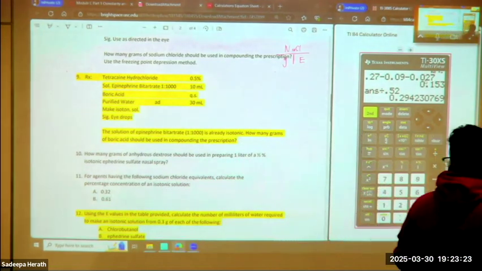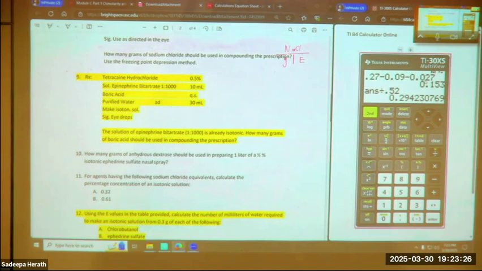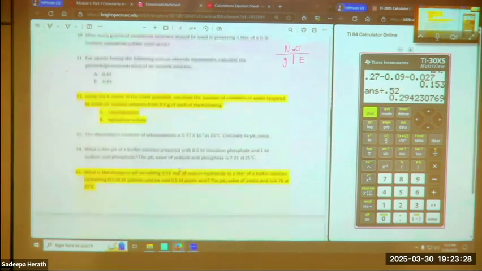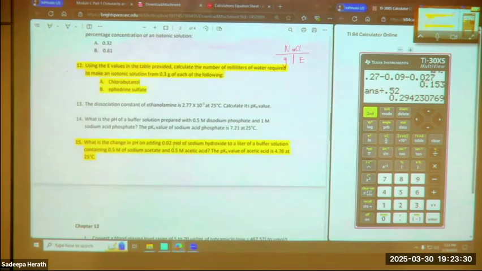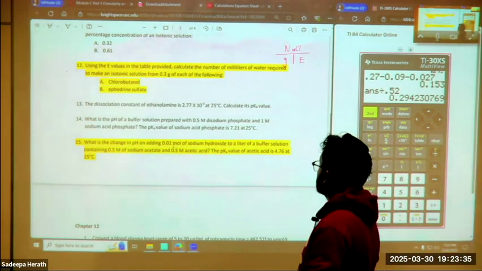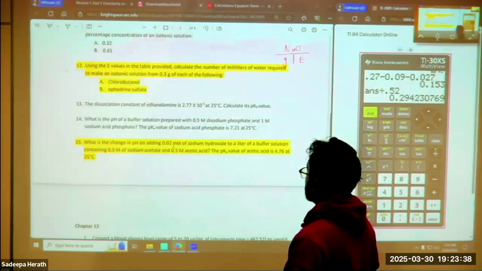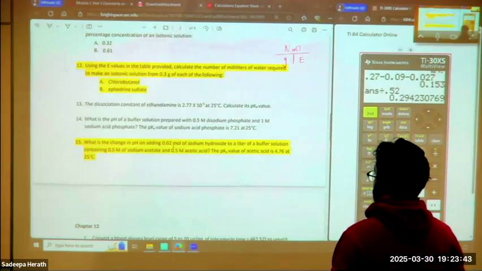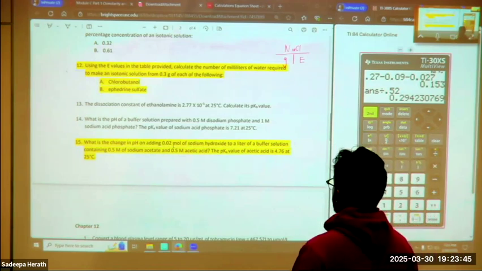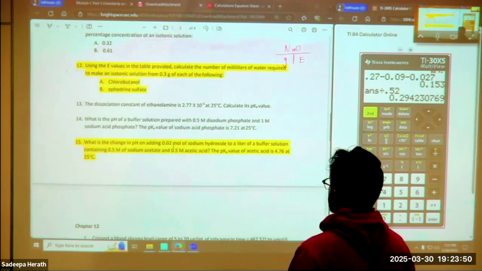Next question is number 12. Okay, so using the E values in the table provided, calculate the number of milliliters of water required to make an isotonic solution from 0.3 grams of the following: chlorobutanol, ephedrine sulfate.